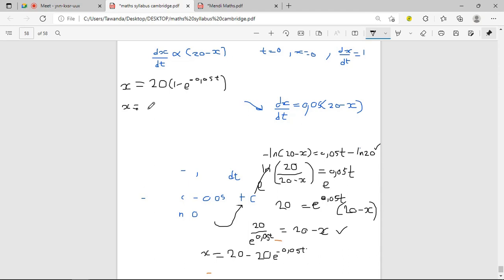What is x when t is equal to 10, to 1 decimal place? 7.9. Okay, that will be your answer. 7.9. Right? We have done that.